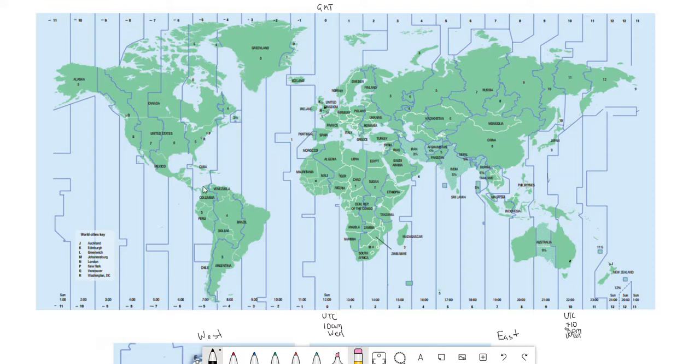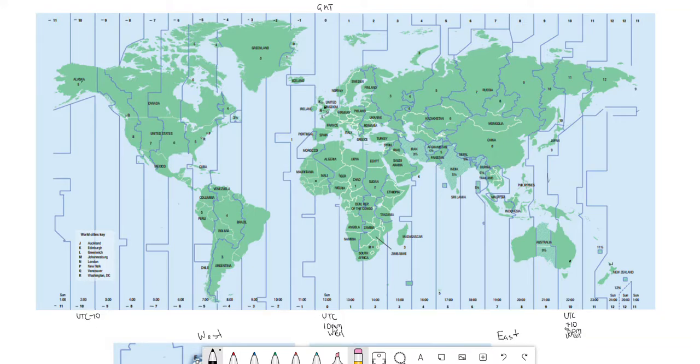Now Alaska's up in the United States and it's right up here. Okay, so Alaska's here. We look at Alaska, we look at the UTC, and it's UTC minus 10. Which means it's 10 hours behind Greenwich.